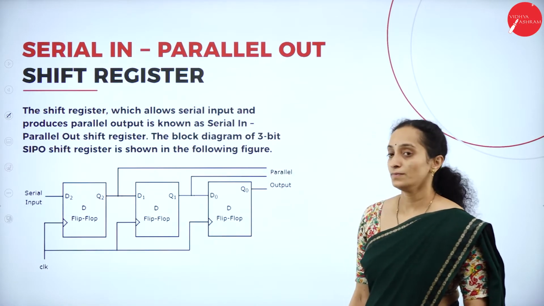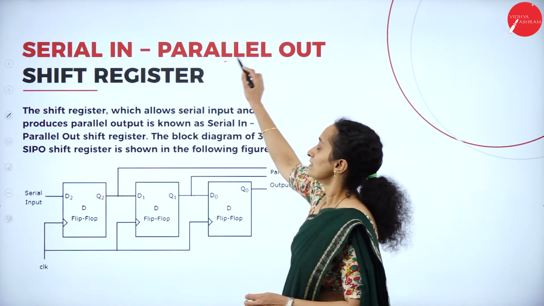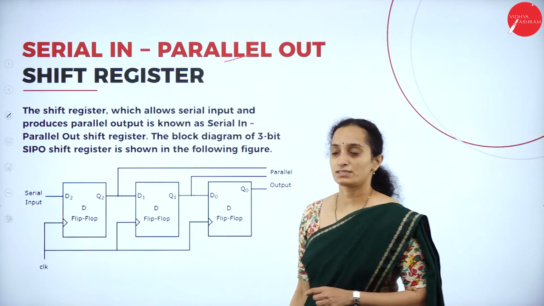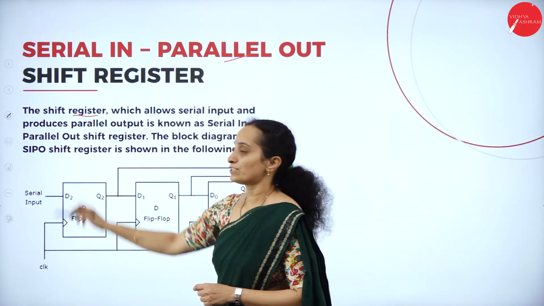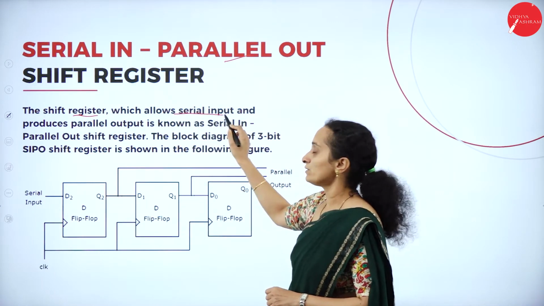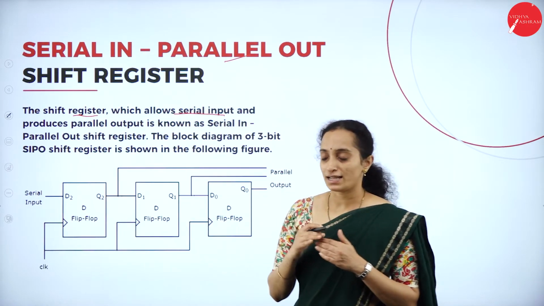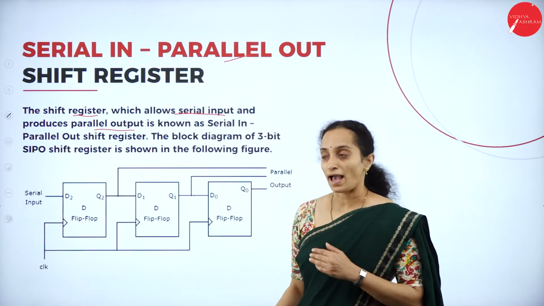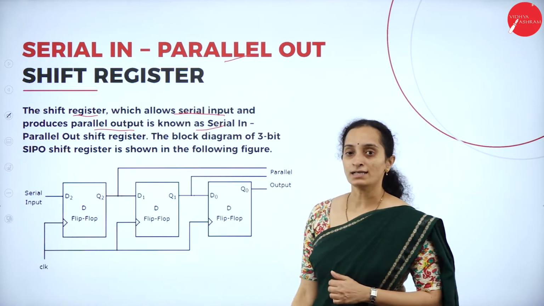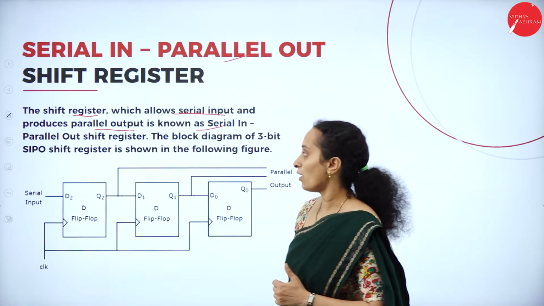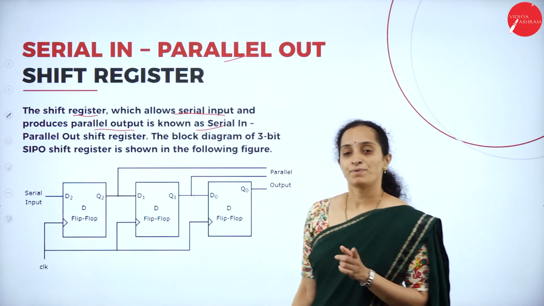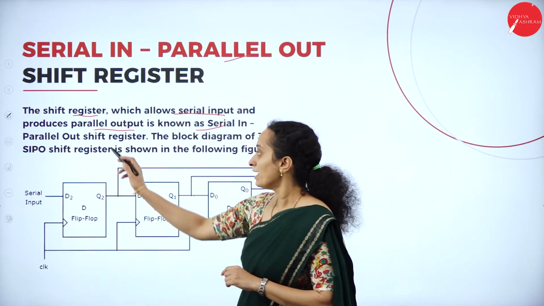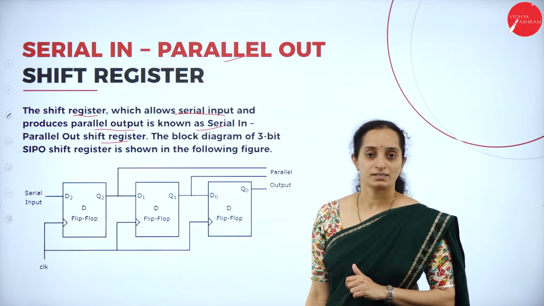Alright. The next category is the serial in and parallel out shift register. The shift register which allows serial input and produces parallel output is known as serial in, parallel out, or SIPO, shift register.